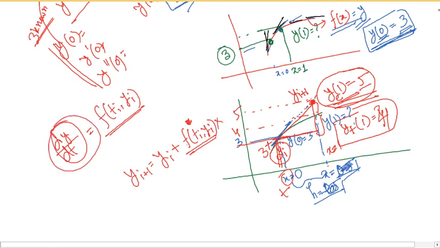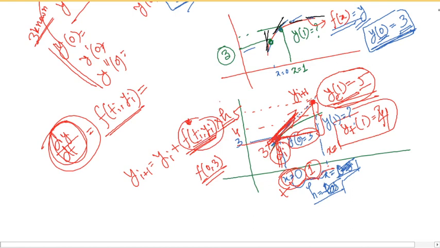As we know the slope function, we can easily calculate the value of the slope at point (t_i, y_i), that means x0 and y0 is 3, so we can say f(0, 3) in this case, that is the slope value at this point. Using this slope value and the step size, say for example this is 1 step size, this slope value multiplied by the step size is the increment. This increment is added to this y_i.